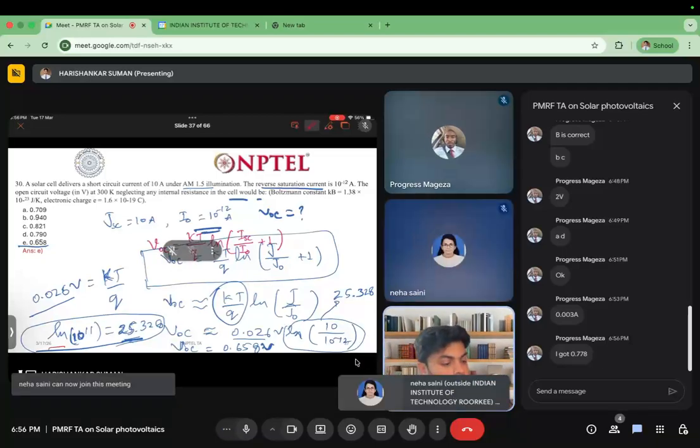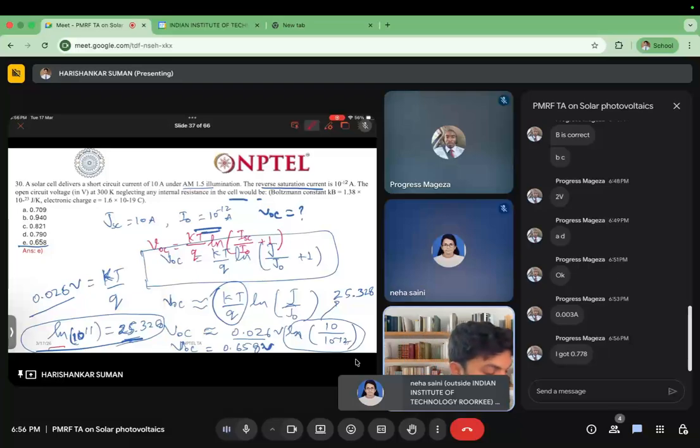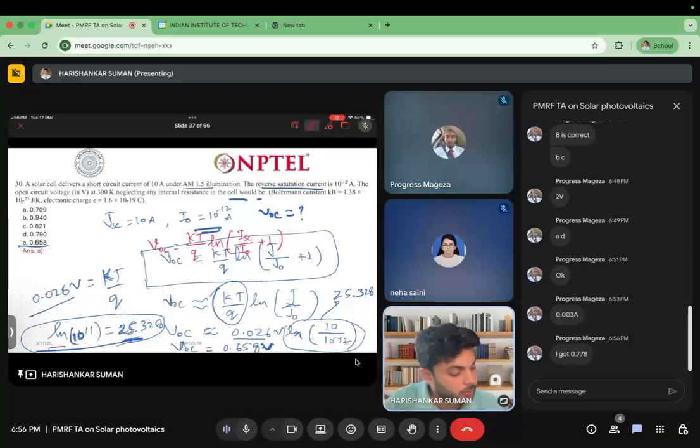Okay. See the solution. This is kT by q, this is 0.026 volt, and just leave this one because this number is too large. So J by J naught only you can consider. Approximately 0.65 volt you will get.